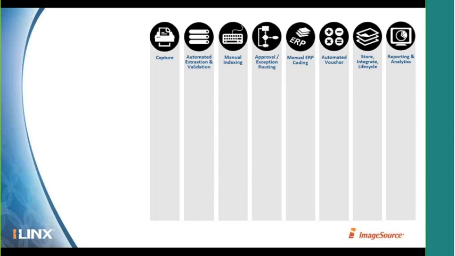So now, having said that, every AP process is different. We do find that automation solutions typically fall into one of four types, or we call them levels, of automation. As we talk about these solutions we're going to start at the simplest and go to the most sophisticated. That also means we're starting from the lowest return on investment solutions to the highest return on investment solutions.